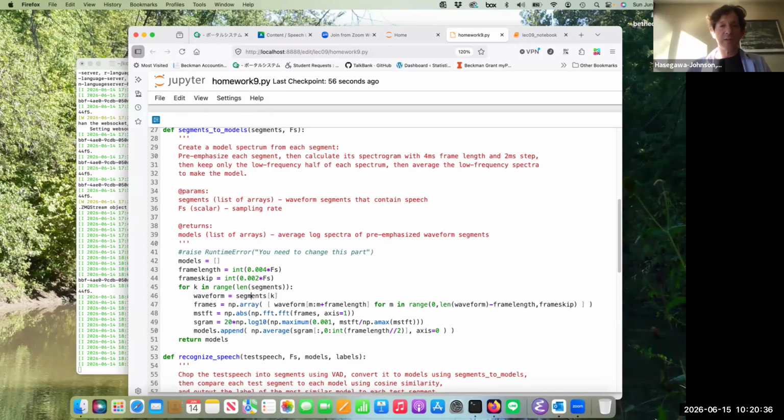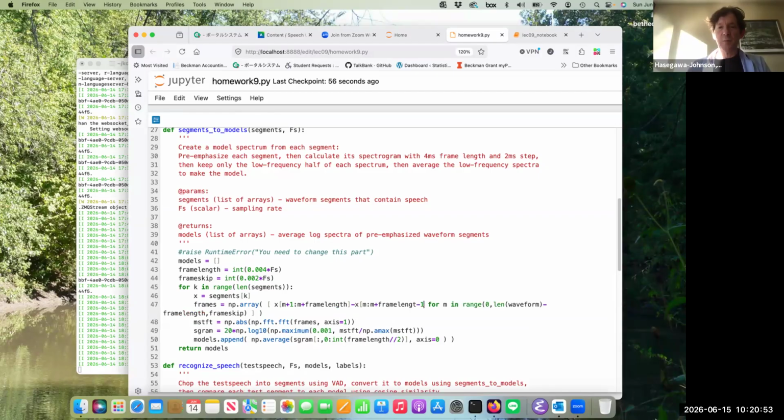Let's call this x. And then we'll take x of m plus 1 to m plus frame length minus x of m to m plus frame length minus 1. That should pre-emphasize it. Let's see if that looks more reasonable.